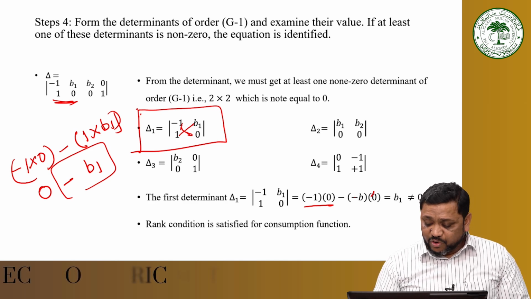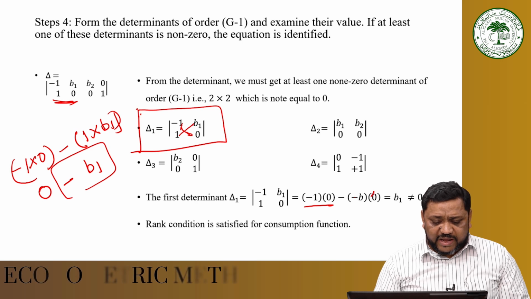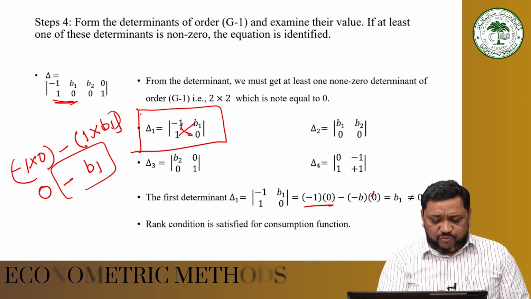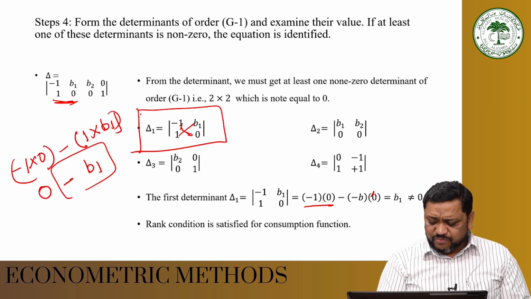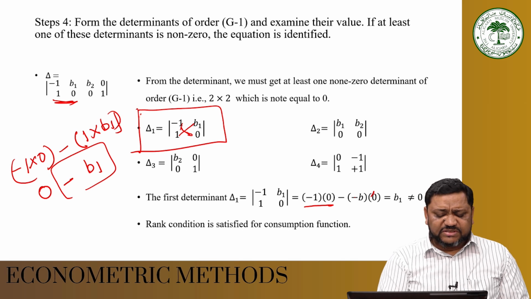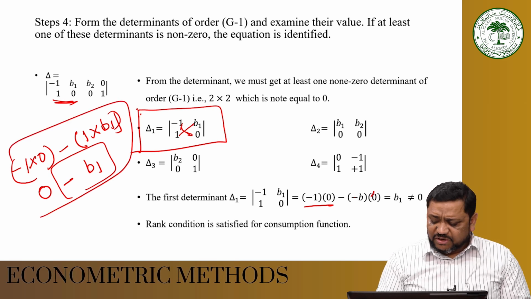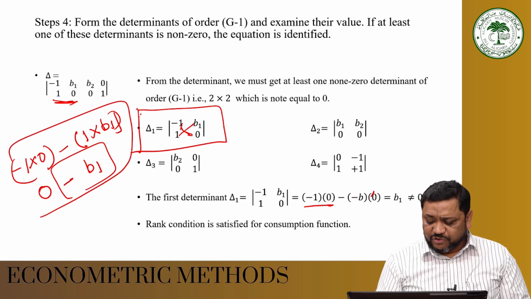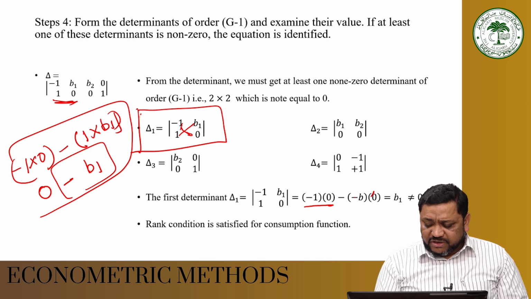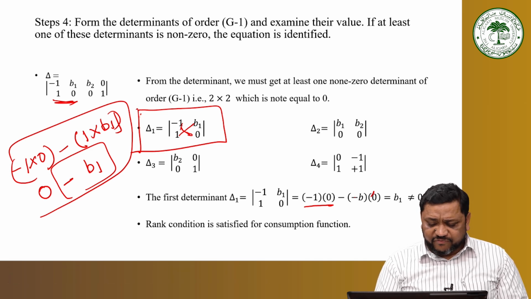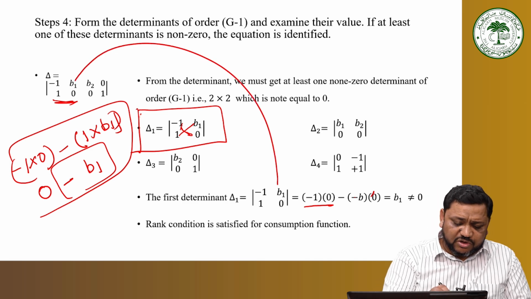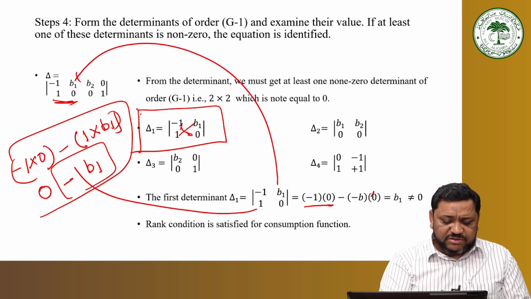There can be one more case, like this is 1, 1 and B1, 0. So this is the case which we actually are talking about. There is some calculation issue over here. This is not one of the determinants, because B1 and 0 is this column and this is this column.